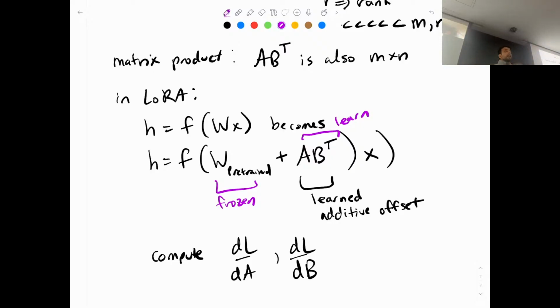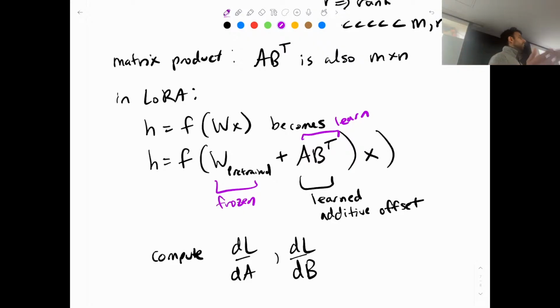And then we will add the product of them to our pre-trained matrix, and that will be our new fine-tuned parameters. Does that make sense? Does it make sense how this formulation can save a lot of new partial derivatives that we're computing? Because dL/dW has a ton of parameters, but dL/dA and dL/dB are much, much smaller.